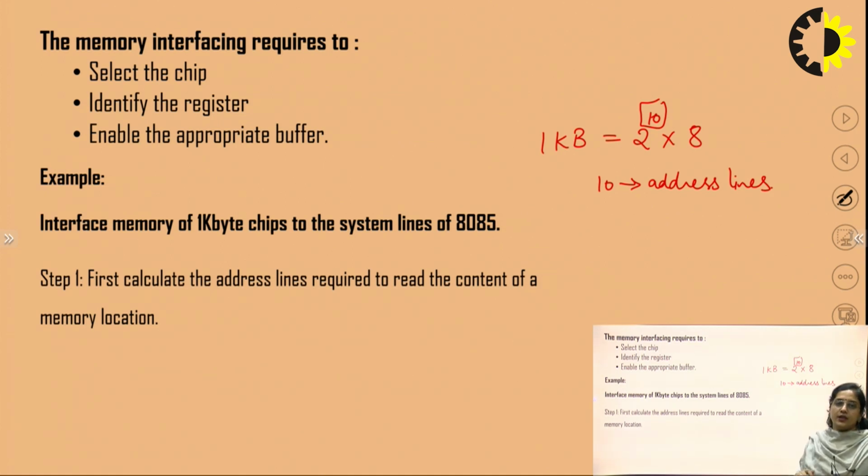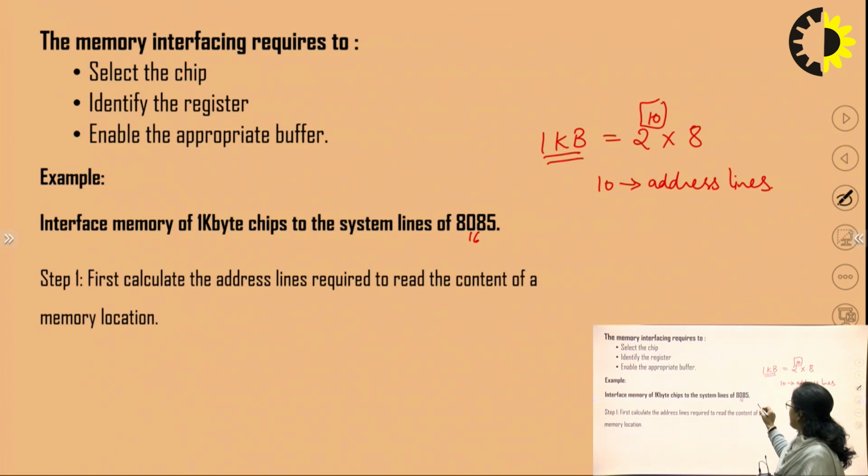To access 1 kilobyte of memory, we need 10 address lines. Like in the first case, I told you that 8085 has 16 address lines, so 2 raised to power 16 will be the memory capacity of 8085. In the reverse case, if I have a memory capacity, I can find how many address lines will be required to access 1 kilobyte of memory chip. So 10 address lines are required.